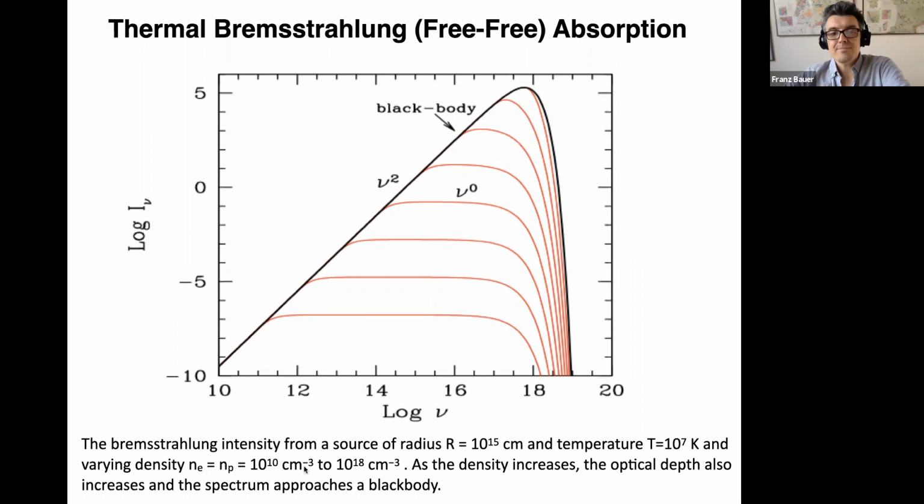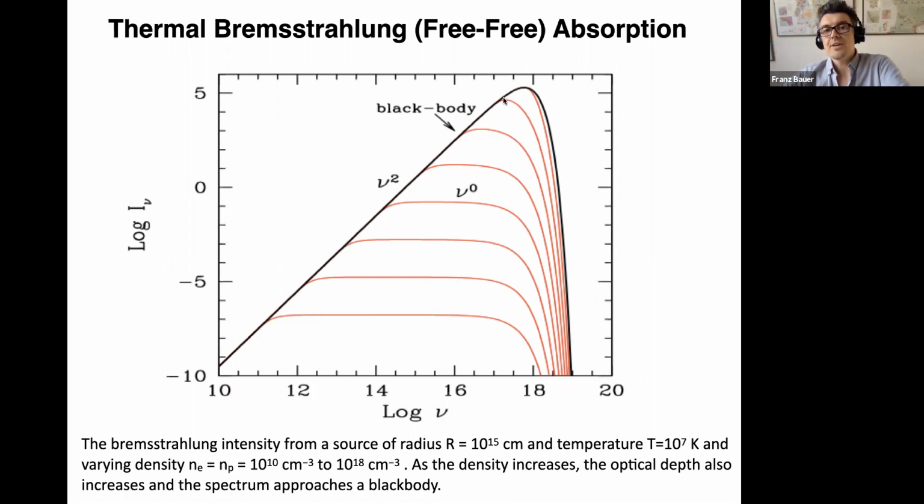If you increase it to 10 to the 11, you will increase the overall intensity by n squared, right? So a factor of 10 here is a factor of 100 here, and so on and so on. Likewise, you will increase tau by the number density, so you'll increase it by a factor of 10 each time, right?